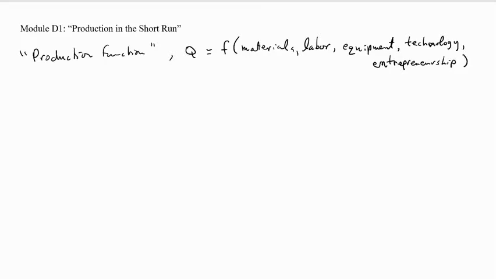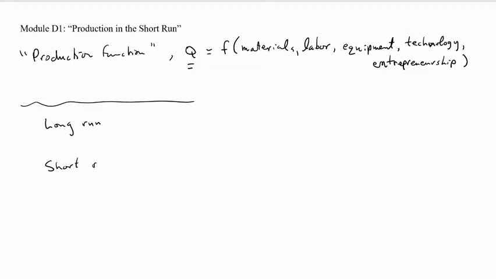The production function then encompasses how all of these different inputs to production are combined in order to produce an output Q. We distinguish between what we call the long run and the short run when we look at a production function.